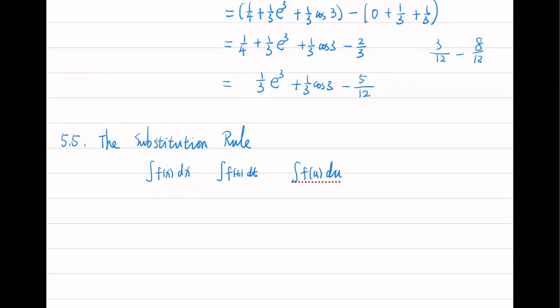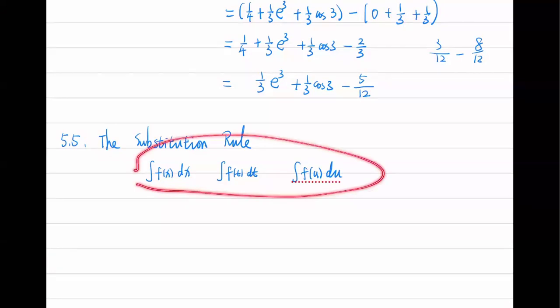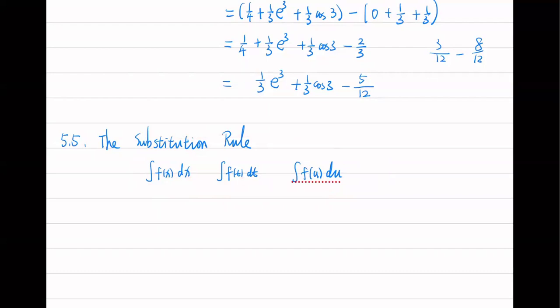They all represent the same thing. Sometimes we call this a dummy variable because it doesn't matter what you call it. You can call it x, you can call it t, you can call it u.